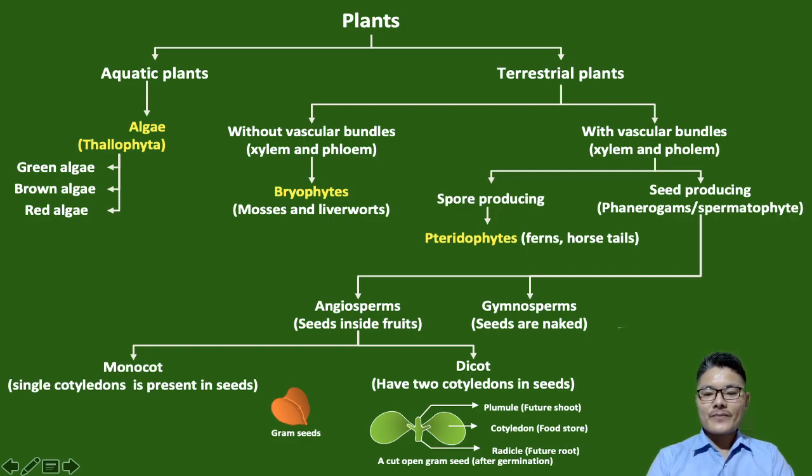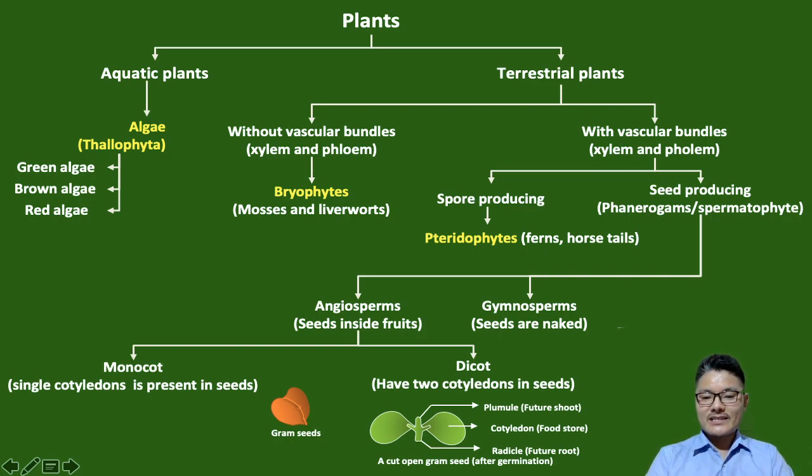Cotyledons are the reservoir of food for the growing plants. The shoot system arises from the plumule. The first shoot or aerial part of the plant is the plumule, and the part which grows into the root system is the radicle.